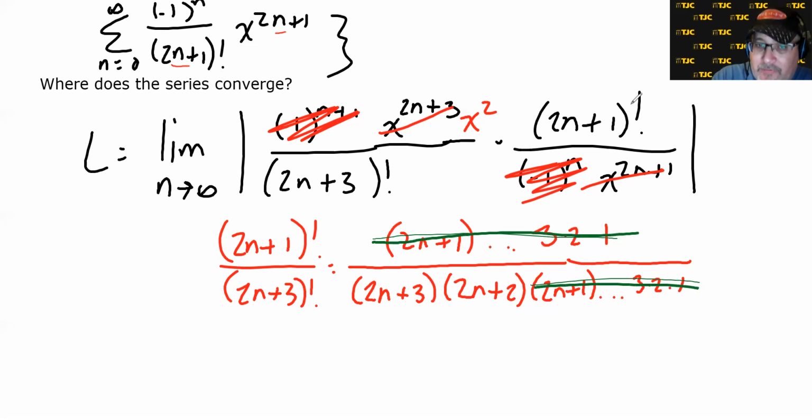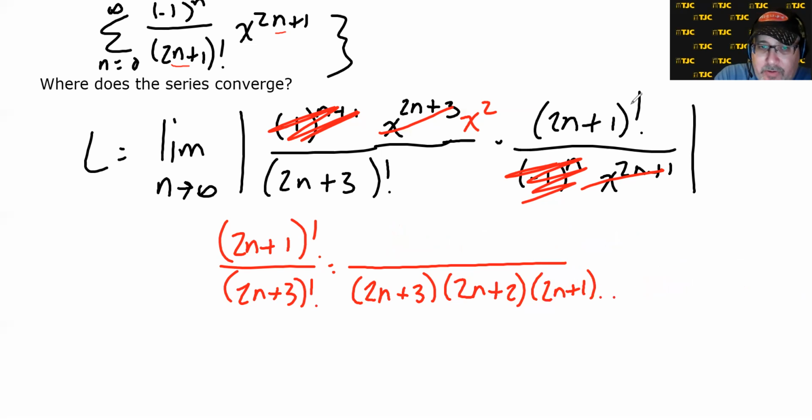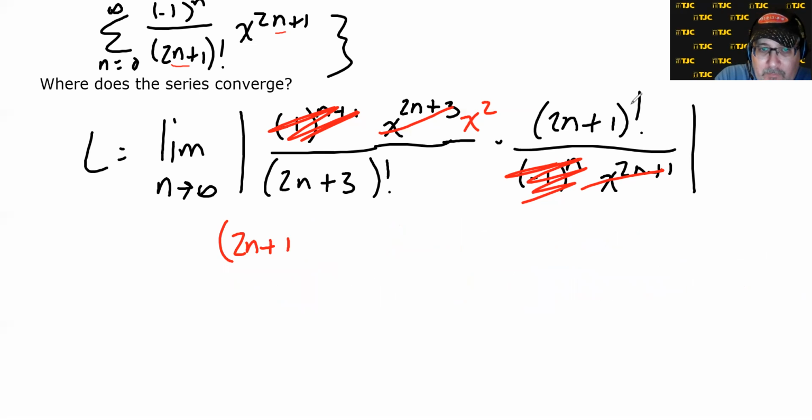And so we are left with just 1 over 2n plus 3 and 2n plus 2. So that's what's going to happen in the factorials. Let's get rid of all that and just cross it out up here. This factorial will wipe out all but the first 2 factors in this one.